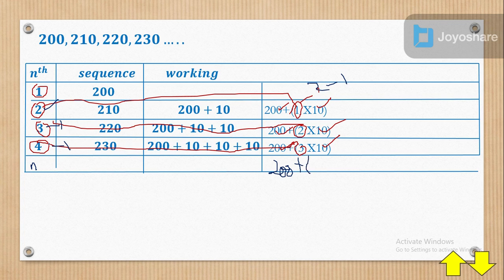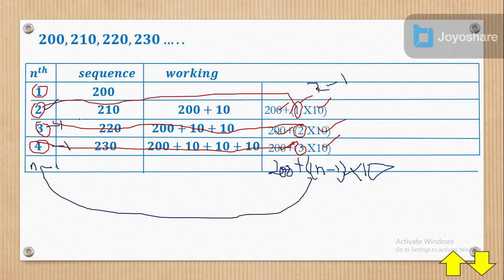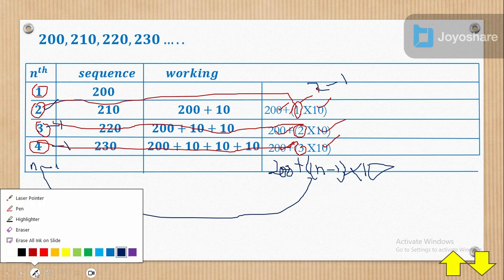Here the number they reduced by 1, meaning that we shall put n minus 1 in the brackets as a single value, then times 10. That will give us the formula we need. So always you arrange in this order, then you put the nth term at a certain value such that you follow the order and how the trend is moving. Let's go and see how that is done practically.